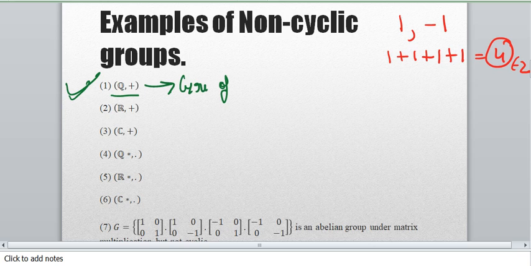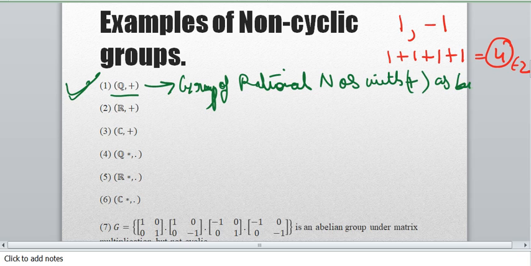So the group of rational numbers with plus as binary operator is a non-cyclic group.